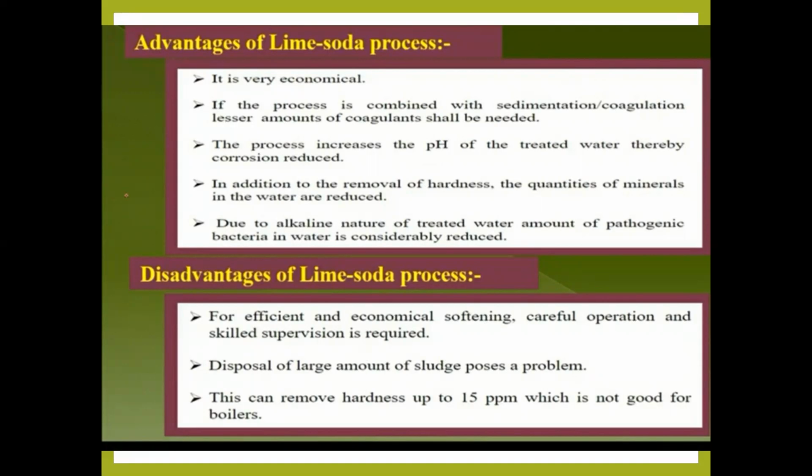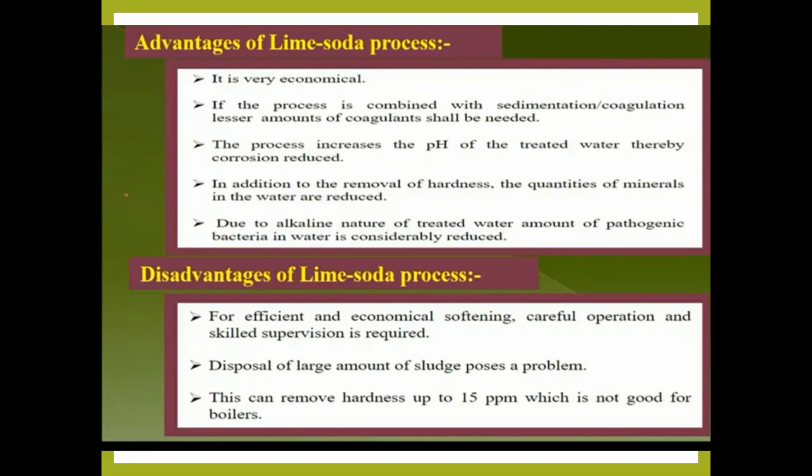But what are the disadvantages? For efficient and economical softening, careful operation and skilled supervision is required. Otherwise, the amount of lime or soda can be more, and our problem will not get solved. Disposal of a large amount of sludge poses a problem, because these calcium carbonates and magnesium carbonates settle down in the form of precipitate, so they produce sludge.